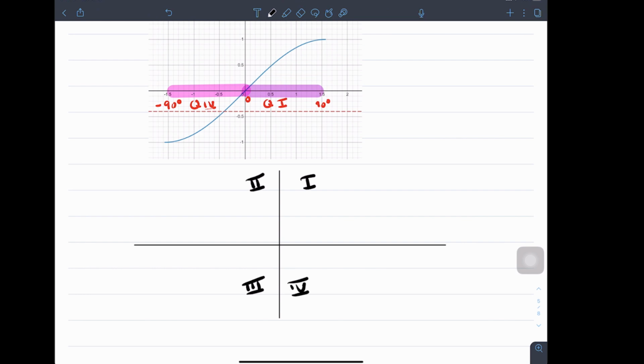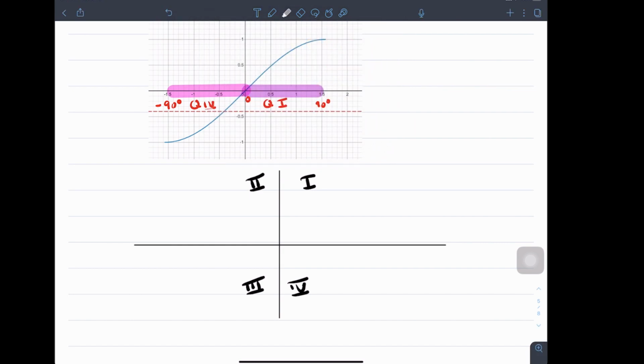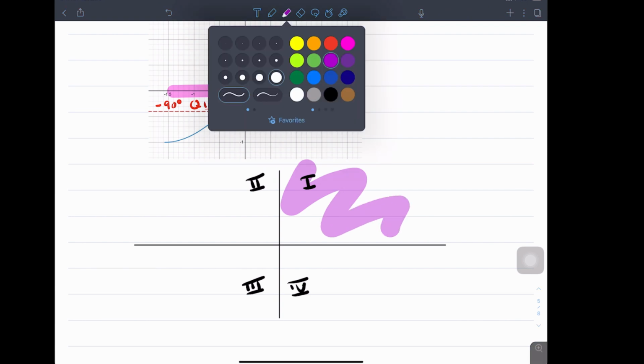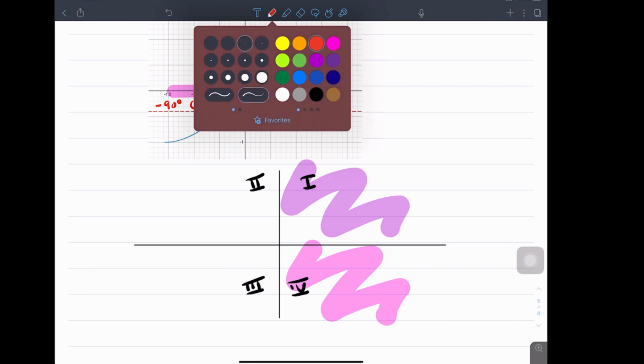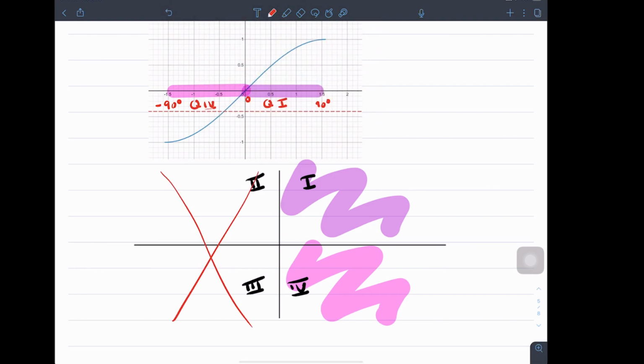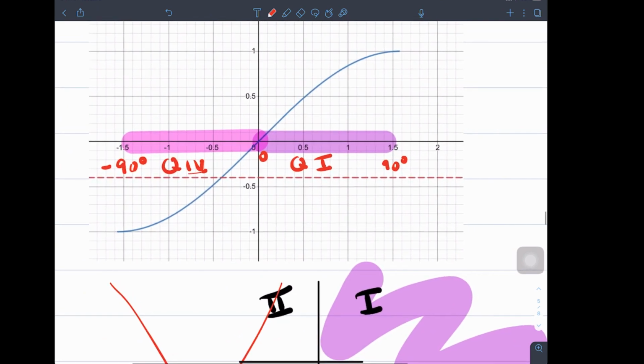So inverse sine is good only for what? My reference and for quadrant what? 4. Restricting the domain throws quadrants 2 and 3 out. So you only have quadrants 1 and 4 defined. You with me on that? But it's negative angles for quadrant 4.